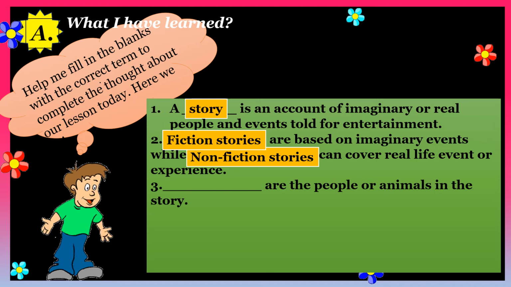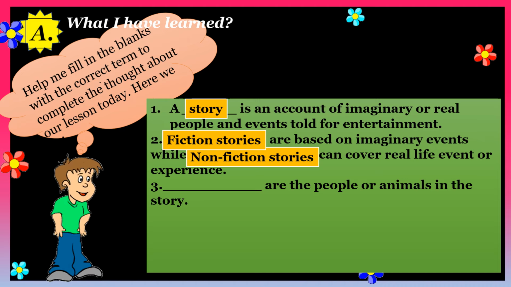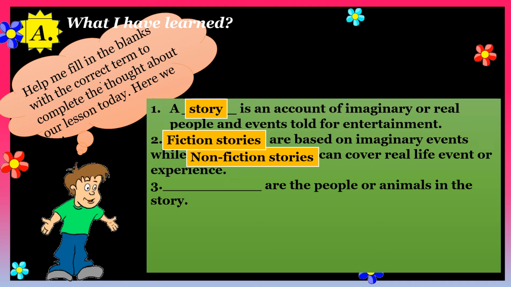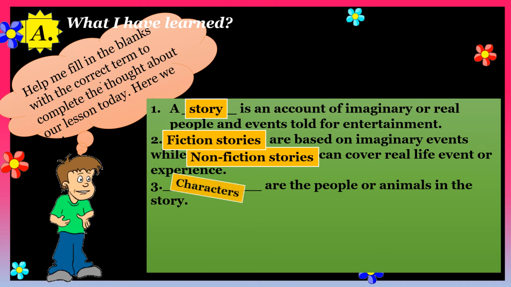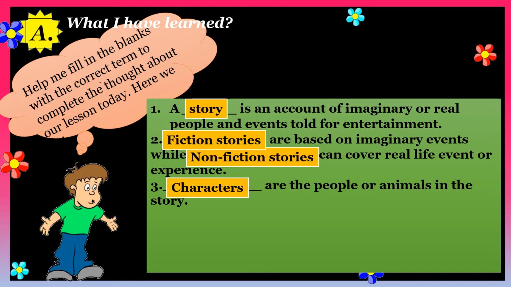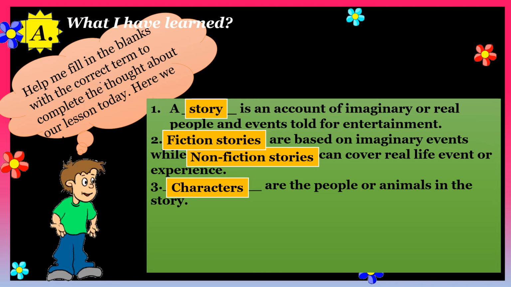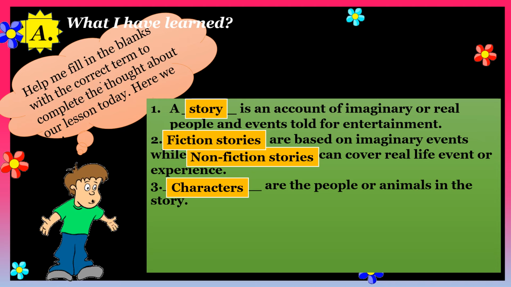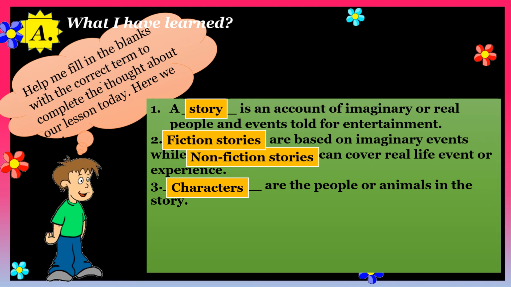Now let's go to number 3. Blank are the people or animals in the story. Of course, that's correct. We call them characters. So let's read the complete sentence now. Characters are the people or animals in the story. Very good.